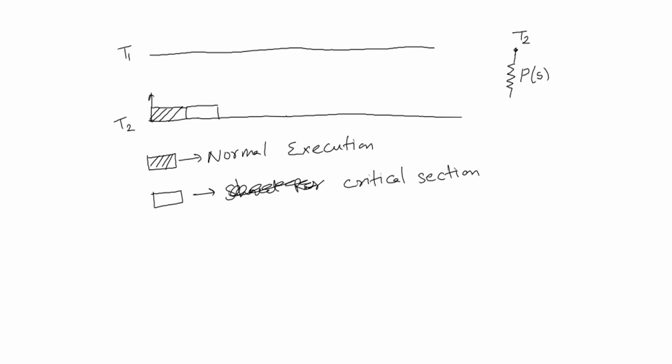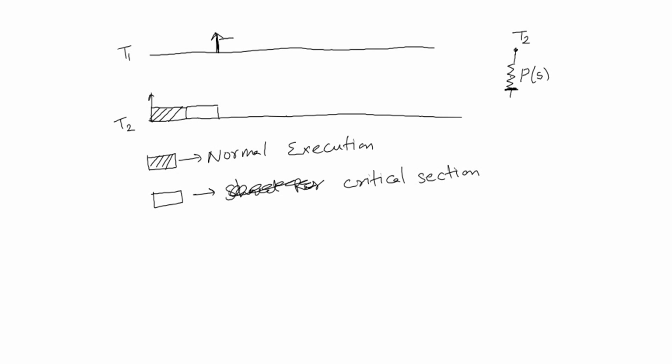Now when it is in the critical section, at this time T1 arrives, in the middle of that, at this position. What will happen? It will block the resource from T2, right?